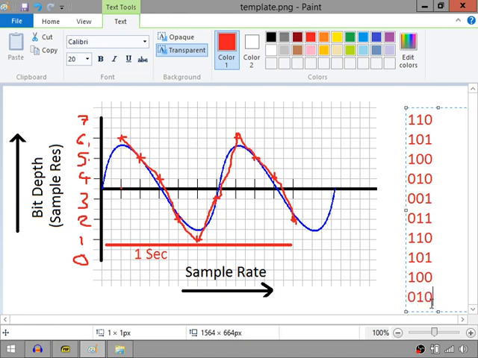And there you have it. This is how our audio would have been represented in binary format.